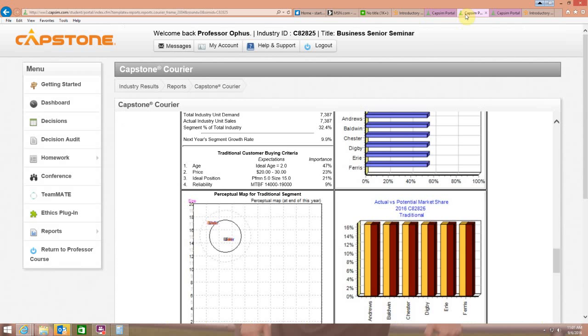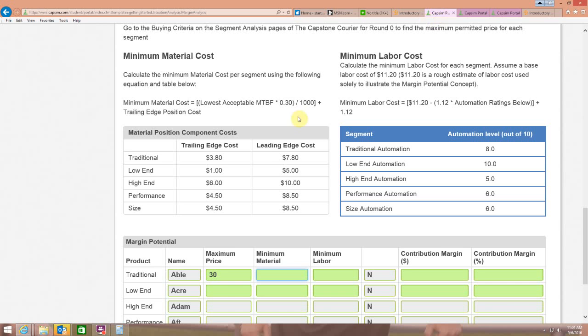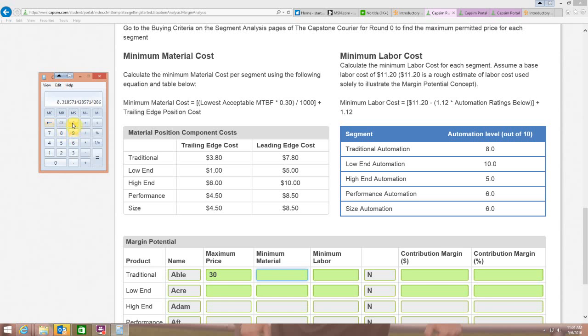Well, I need to go back to my segment analysis. Reliability, my lowest acceptable MTBF in the traditional segment is 14,000. So I've got 14,000 times 0.3 divided by 1,000. Well, let's do these in order. So let's clear this.